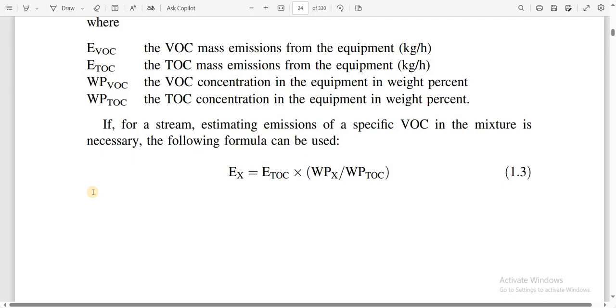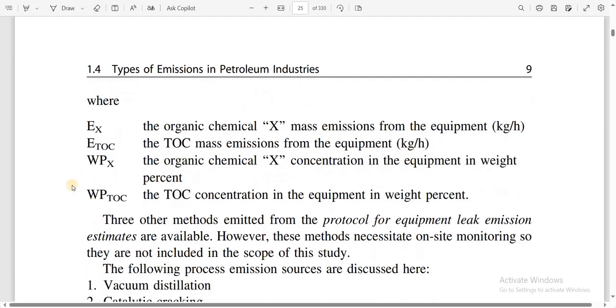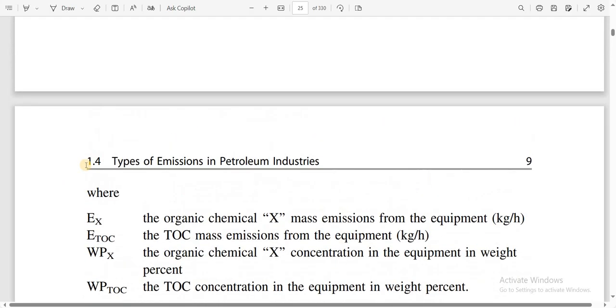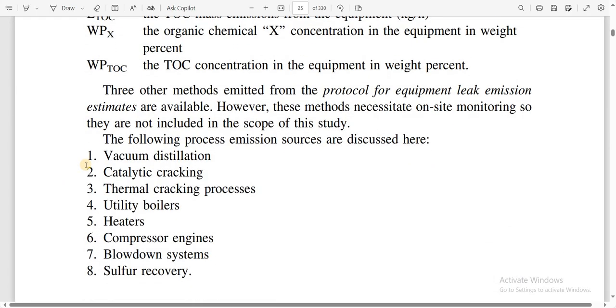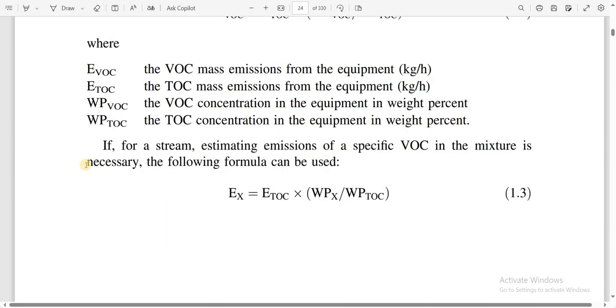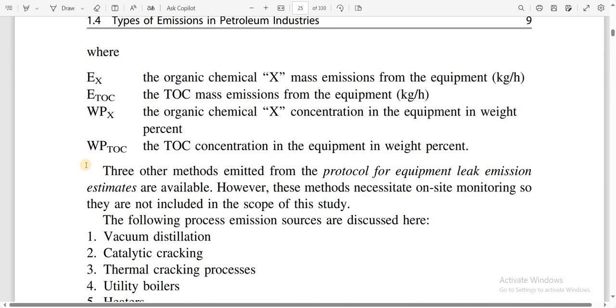If estimating emission for a specific VOC in the mixture in the stream is necessary, then we use this. So if there are different kinds of chemicals, then we use it especially for chemical X.